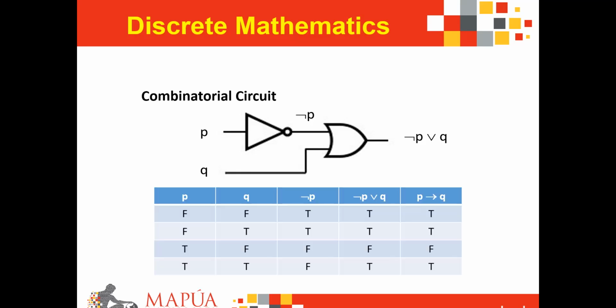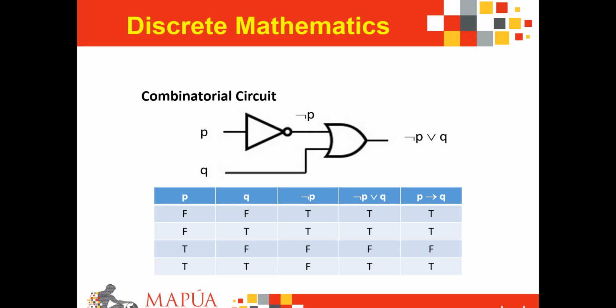This then is the truth table showing us how this particular combinational circuit works. Note that this truth table can also be used to show outcomes of complicated propositional expressions. The outputs for each respective column on the right-hand side of your truth table reflect each connective seen on your combinational circuit.